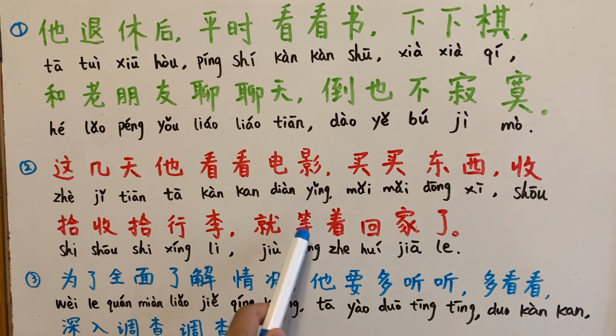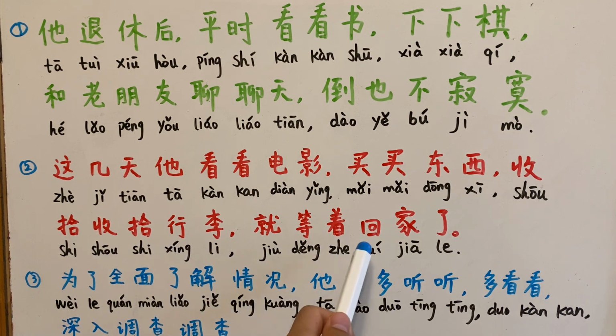就等着回家了。等着 means to wait, to wait to go home. 就等着回家了. So this 了 is not to indicate the past tense of the main verb 回家. No. So that is a complicated part of 了.